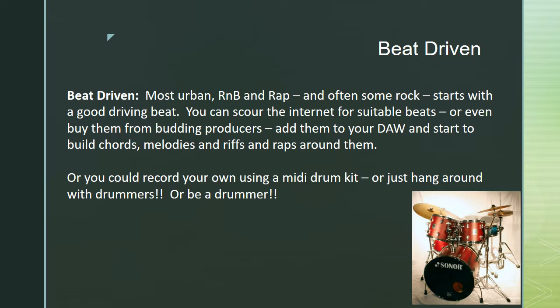Or just play along with them on your instrument while you're playing them on YouTube. So there's plenty of good beats out there that you can then build chords and melodies and riffs or just rap over. Or you could record your own MIDI drum sounds, or alternatively just hang around with a drummer or just be a drummer.